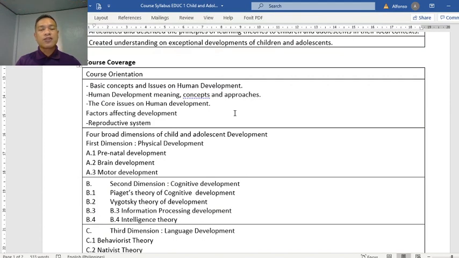The first dimension is the physical development. So we need to understand what is happening in prenatal development, brain development, and motor development. Do we need to understand the physical development of a particular child or learner? Yes, of course.